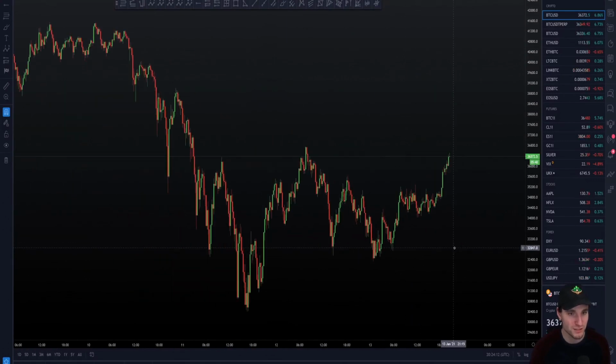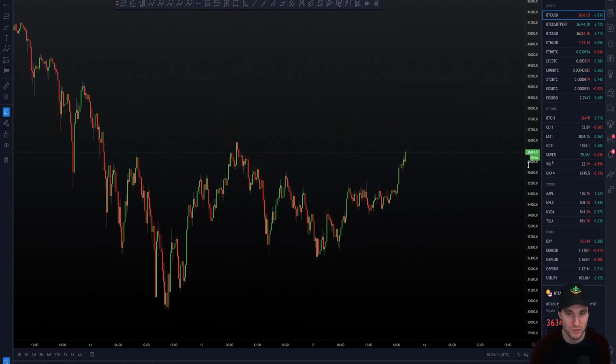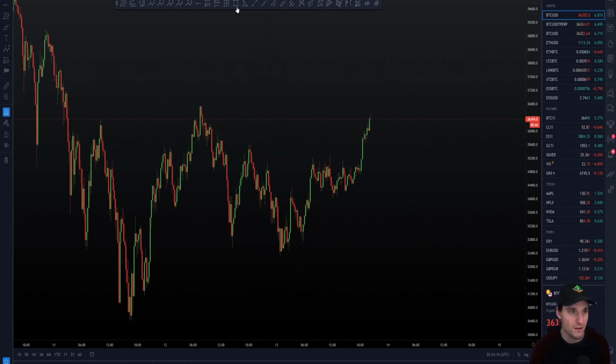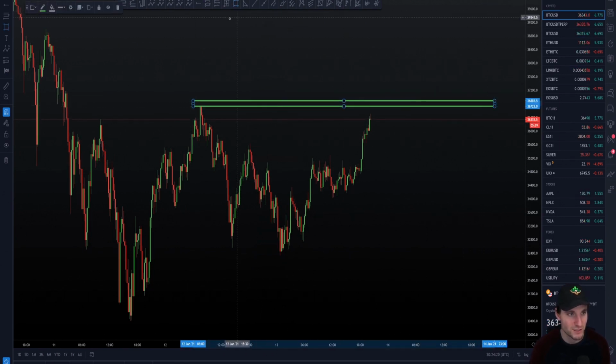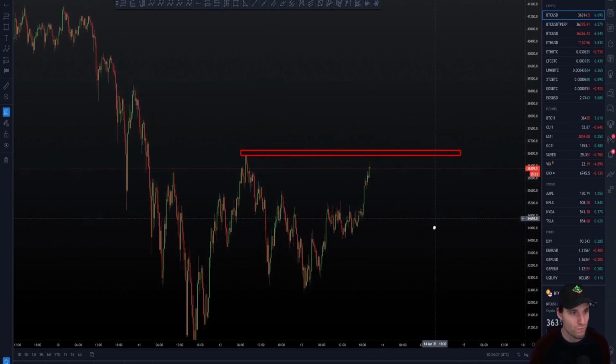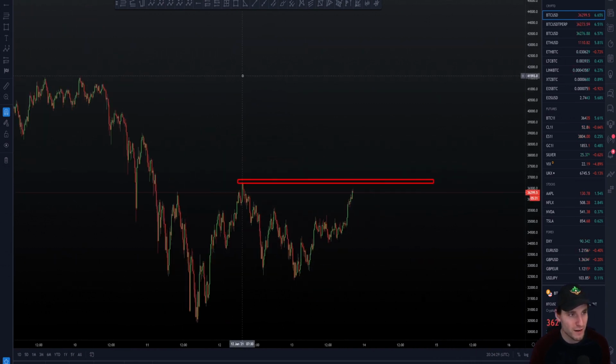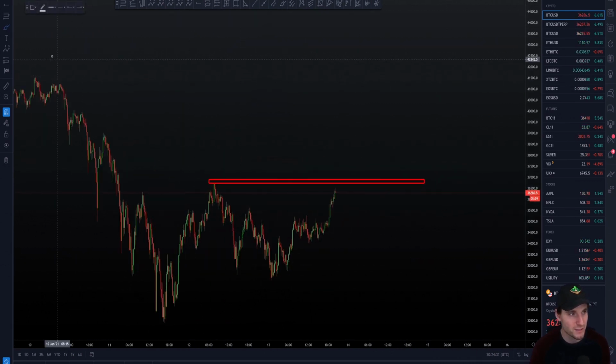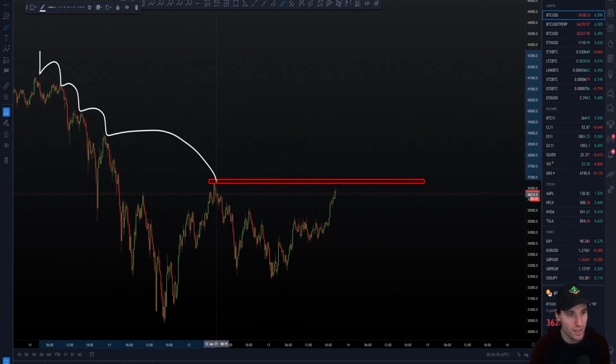In terms of resistance, I think the resistance is absolutely obvious right now. Where's the resistance? Well, it's this high, isn't it? There's your resistance. To be honest, that's the main resistance I would be looking at. So we know that this move has been characterized by lower high, lower high, lower high, lower high.